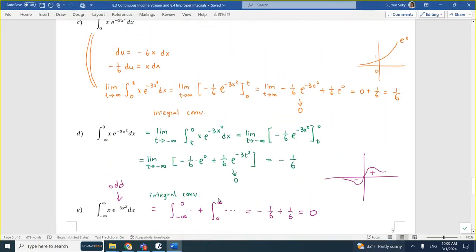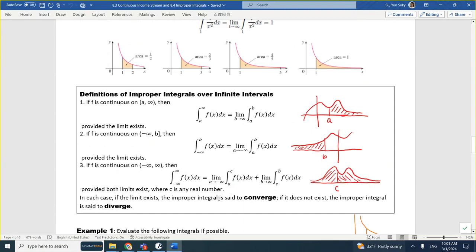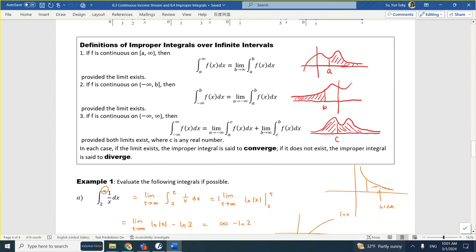Okay. So, last time we talked about improper integrals. You still remember? Either one of the limits of integration is infinity or minus infinity, or both. In this case, we have an improper integral.